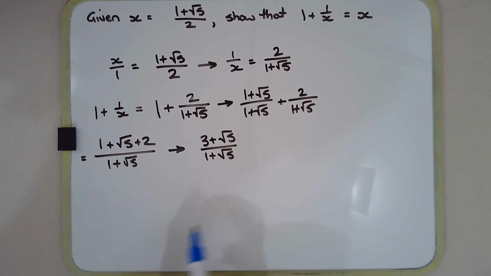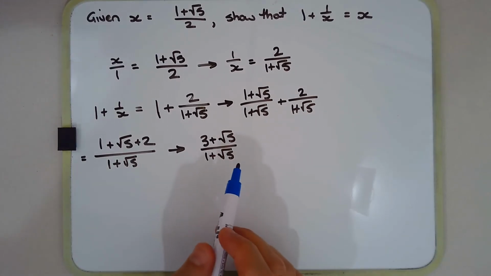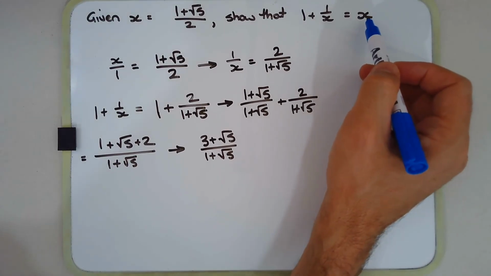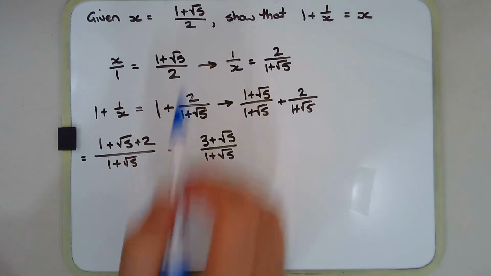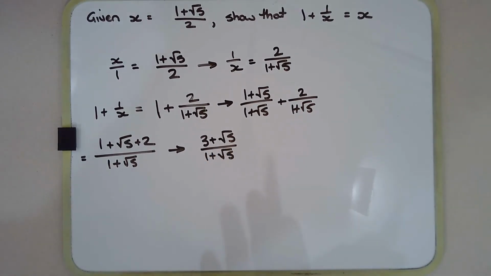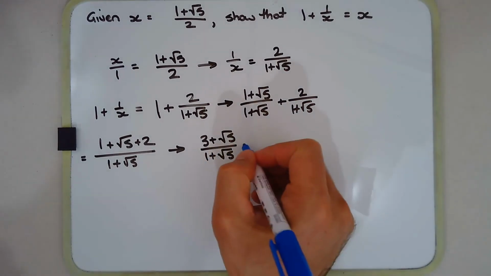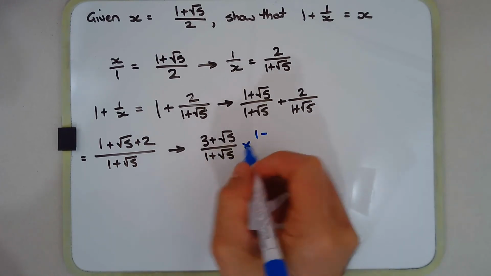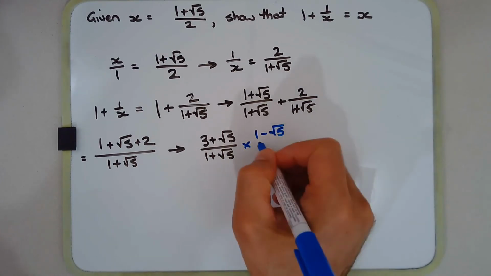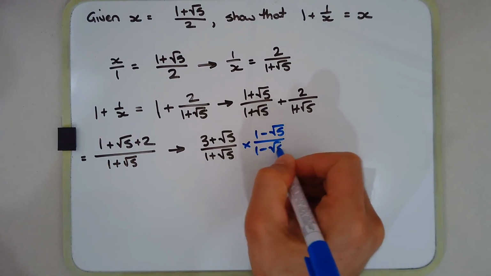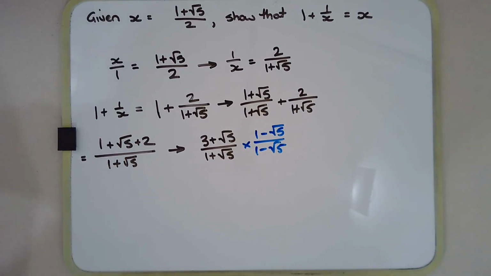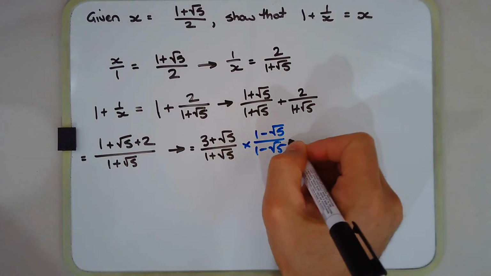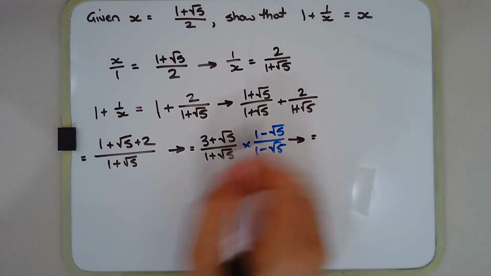Remember the end goal here. We're asked to show that whatever we're working with is equal to x, and we know the value of x: x is (1 plus root 5) on 2. That's what we want to show. Let's rationalize the denominator using difference of two squares. We multiply by the conjugate of 1 plus root 5, which is 1 minus root 5, over 1 minus root 5. Multiply it through.